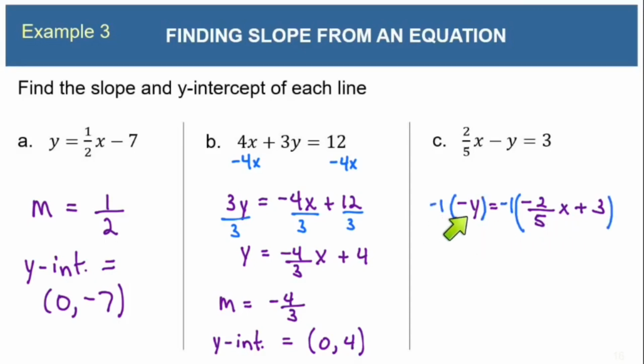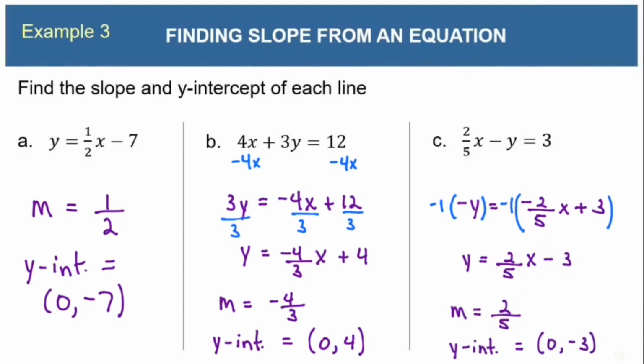And negative 1 times negative y is positive y. And then if I distribute this negative 1, it will just change both of the signs. So negative 2/5 x will become positive 2/5 x. And plus 3 will become minus 3. And so now we can see that the slope of this line is going to be 2/5. And the y-intercept of this line is going to be 0, negative 3.